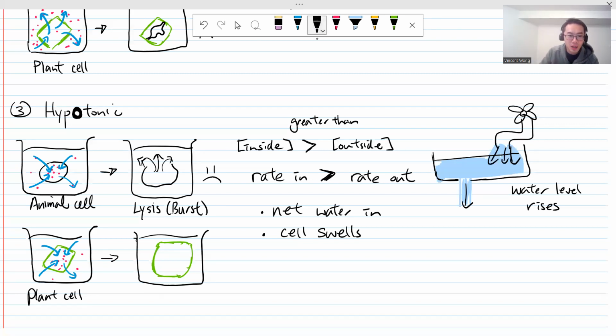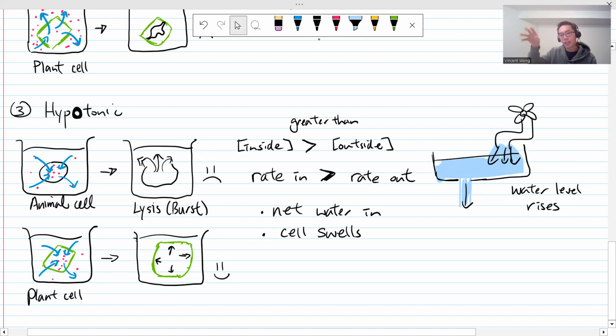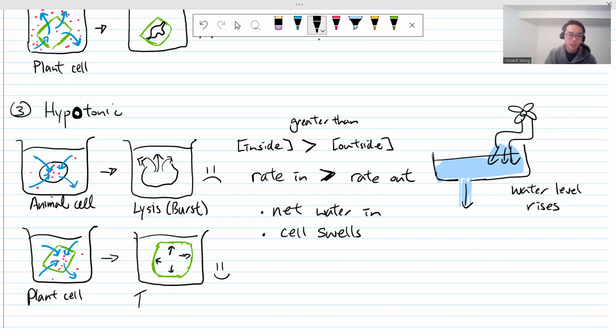It's gonna take in all the water, and then the water is actually pushing against the cell wall. And the plant is very happy because it has a lot of water. If you take a plant that's withered and then you just soak it in water, it will literally stand up and you can see the leaves are opening. This one is called turgor pressure.